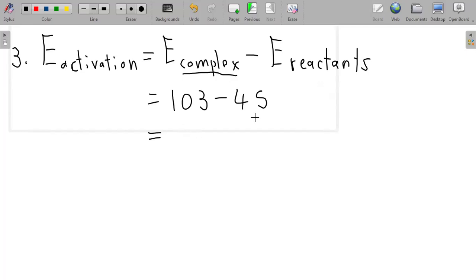So 103 minus 45, then it's going to be 58.